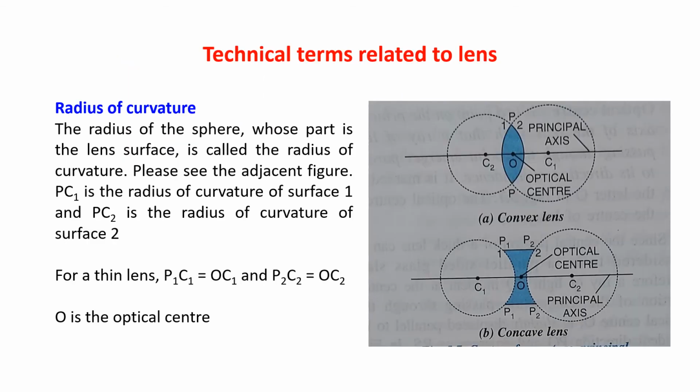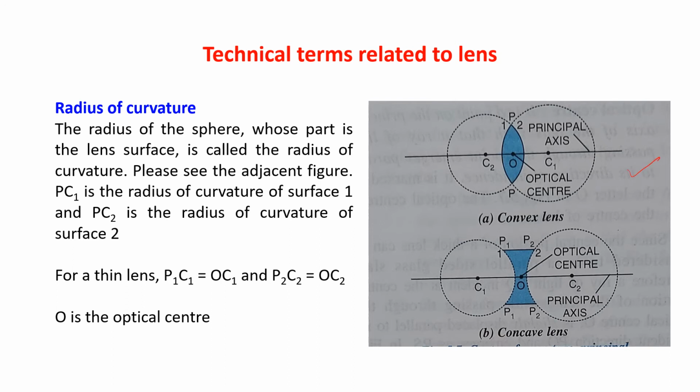Radius of curvature: the radius of the sphere whose part is the lens surface is called the radius of curvature. So please see the figure here. PC1 is the radius of curvature of surface 1 and PC2 is the radius of curvature of surface 2. You can understand from this one.